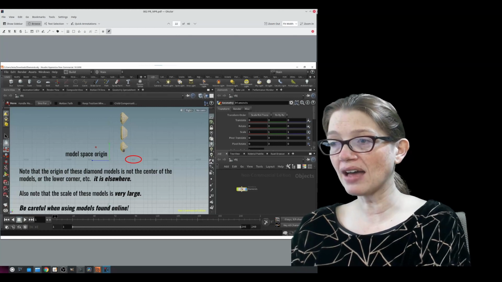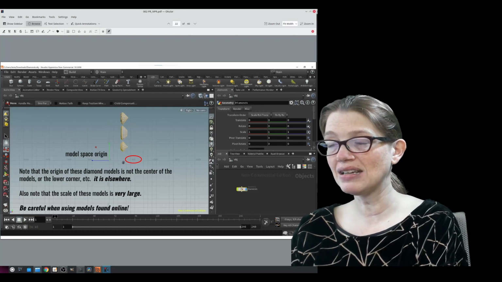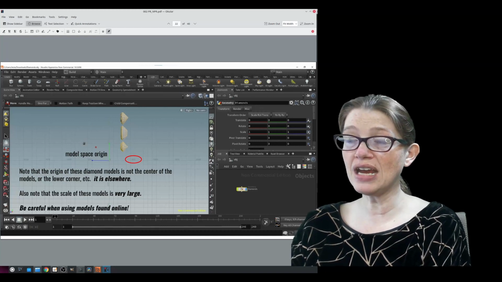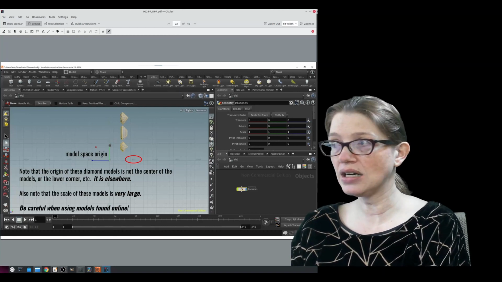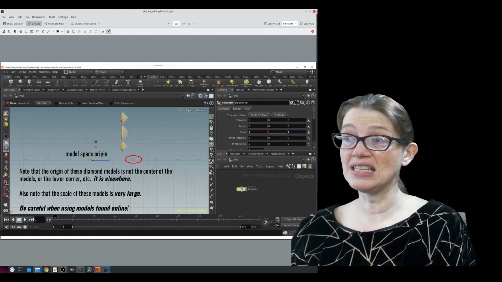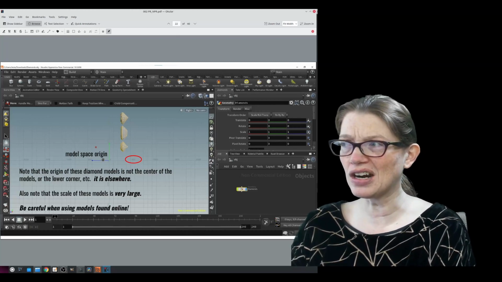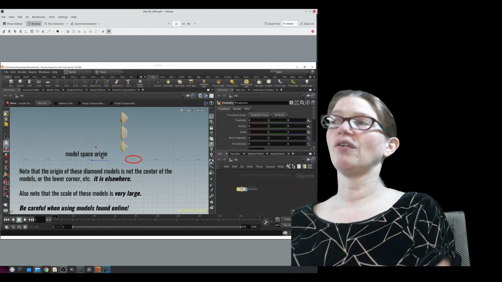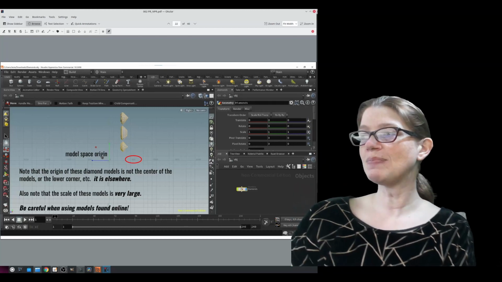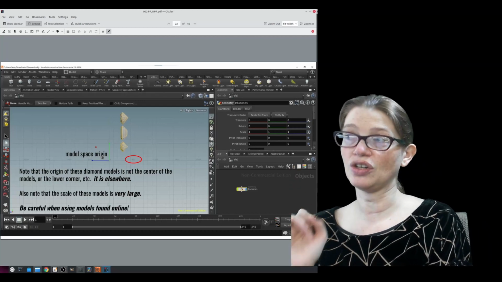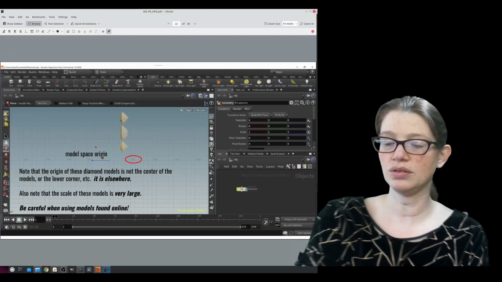They're further back, about 500 units behind it. So if I move this 500 units, I think I'm moving it over here, but I'm actually only moving it to here. And if I rotate this, I'm not rotating these, I'm rotating about this point right here. Be careful. And remember that generally speaking, we are doing rotations about the model space's center, not the world space's center.